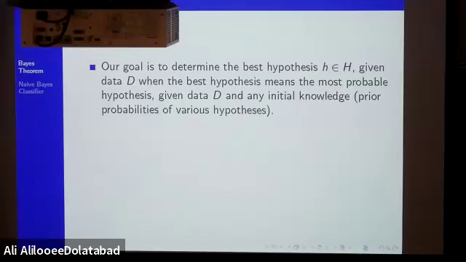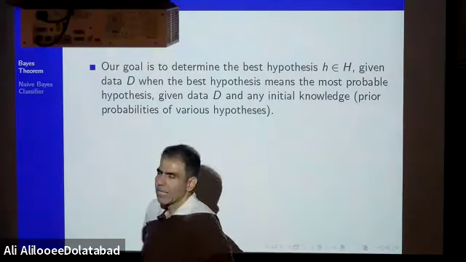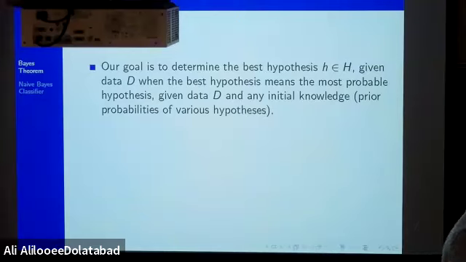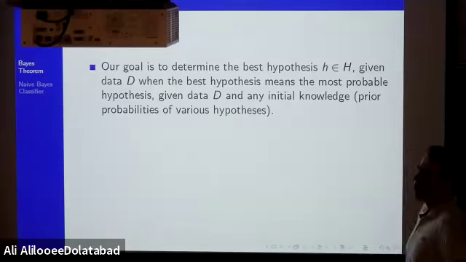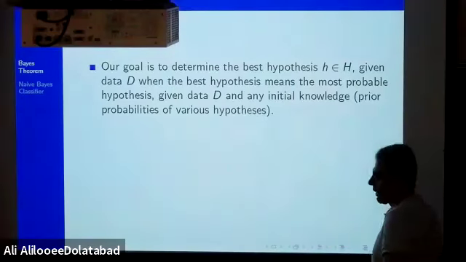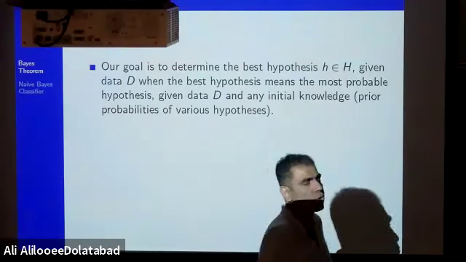Let me explain what it means when we say the best hypothesis. Suppose a person comes and we test that person for a disease. The test shows positive. We want to evaluate the chance that this positivity is accurate.